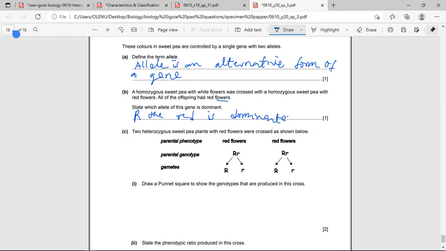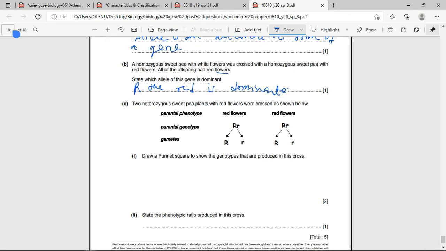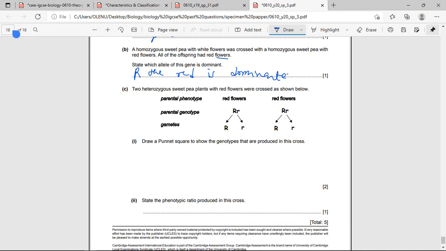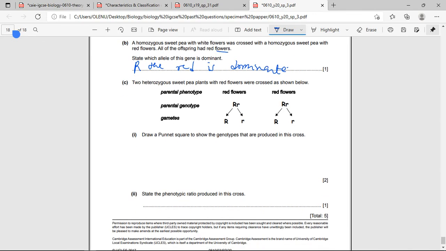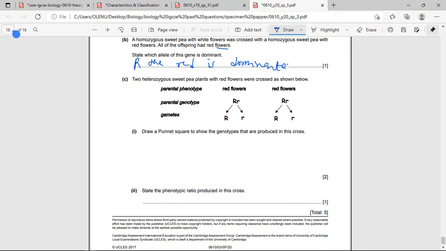Now they said two heterozygous sweet pea plants with red flowers were crossed as shown below. Draw a Punnett square to show the genotypes that are produced in these crosses. These are the parents, these are the offspring. It's quite simple, just your normal box.